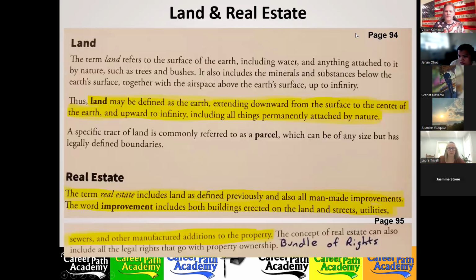Oh, it disappeared. Okay, so land, let's do the highlights now about the definition of land. And this is part of the definition of real estate, and write the word bundle of rights down there as well. So there you go. Do these highlights.